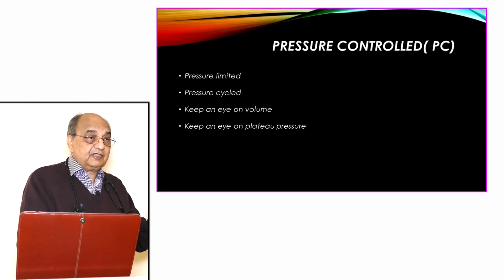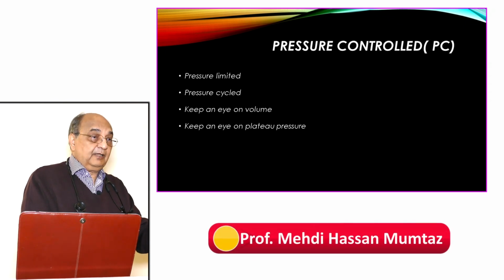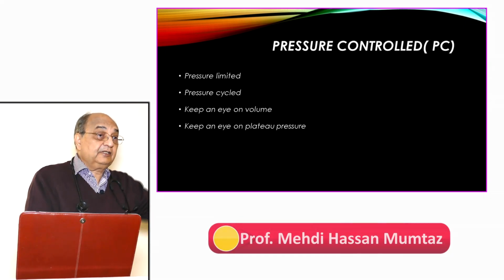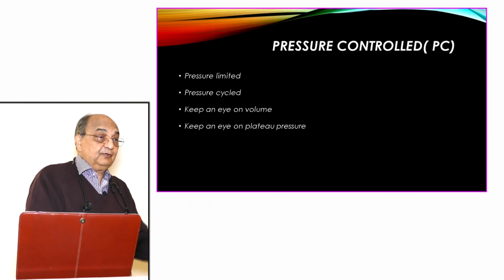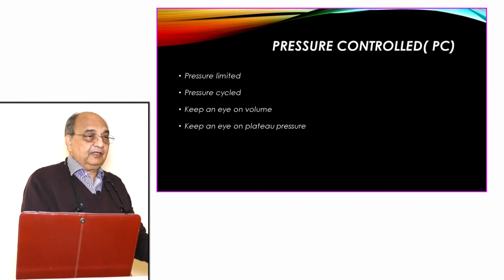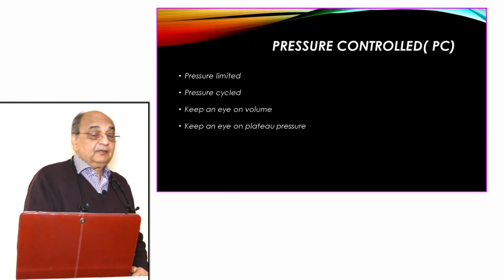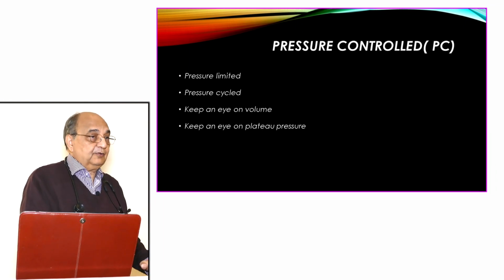According to Hagen-Poiseuille law, if you increase the lumen diameter double, it will increase the flow 16 times. And if you decrease it 50%, it will decrease the flow 16 times. That applies if it is a laminar flow, that's where Hagen-Poiseuille law comes in. But always keep an eye on plateau pressure.